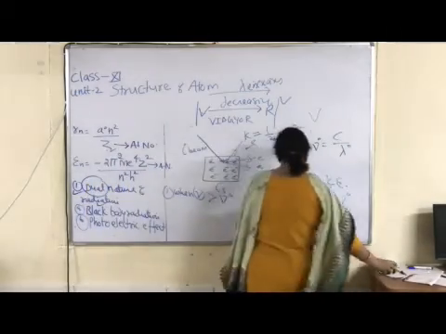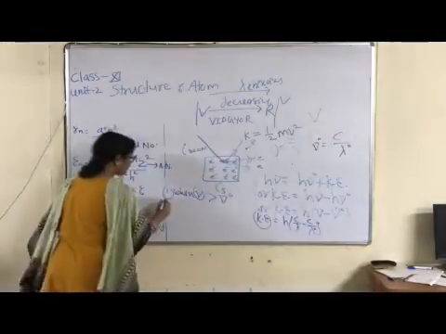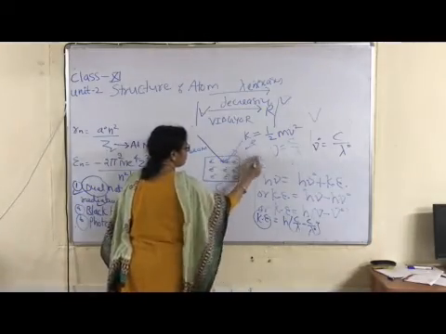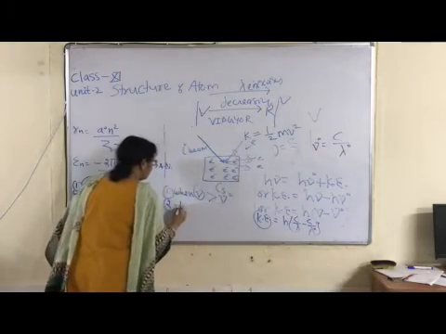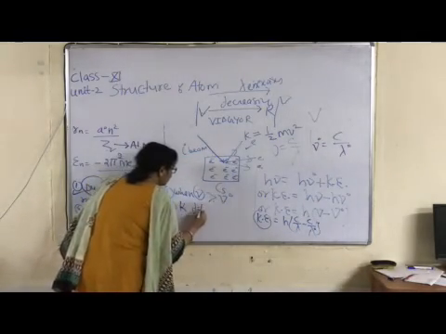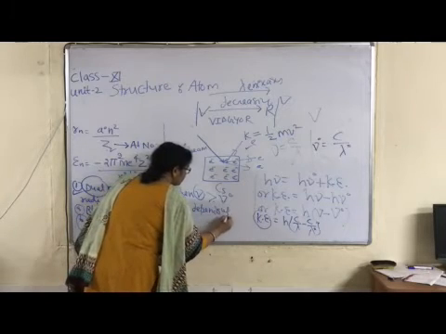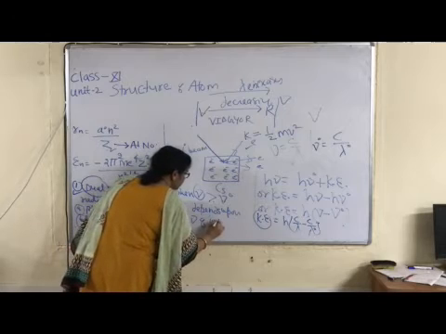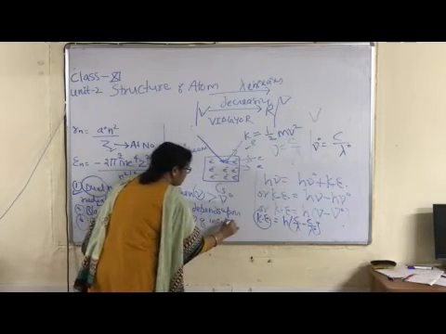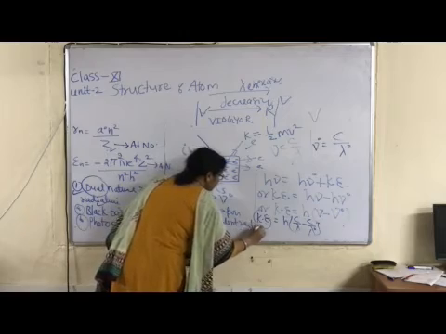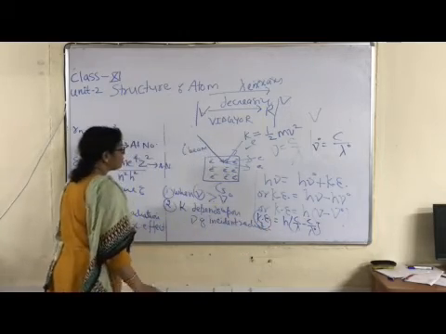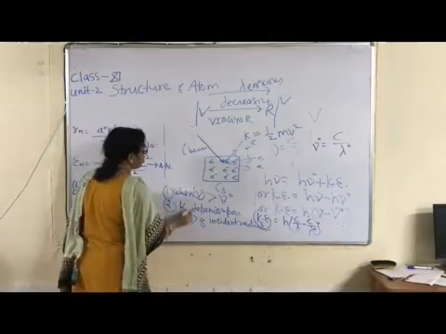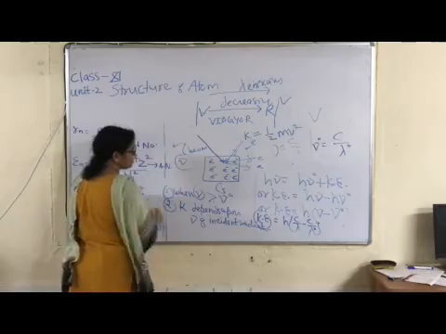Next one, second observation. Kinetic energy of the ejected electron depends upon the frequency of incident radiations. Right? K value, kinetic energy, depends upon frequency of incident radiations.